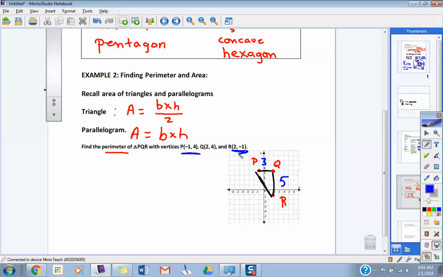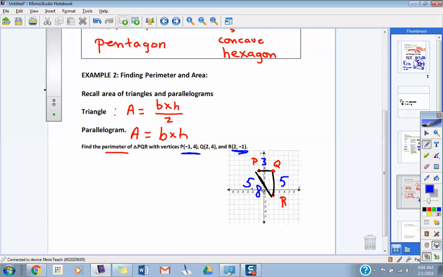So get into your calculator right now and punch in the points that I underlined in blue, and tell me what that distance will be. 5.8. Okay, what'd you have? I have 5.83. 5.83, so we'll call it 5.8, all right? 5.8. So again, we're identifying the perimeter. If you have a slanted side anywhere, figure out what those points' coordinates are, plug them in, and get that distance.